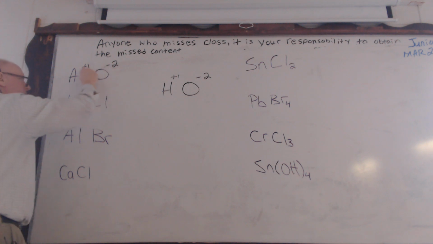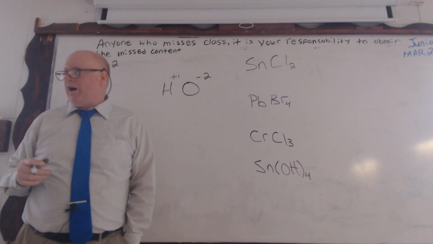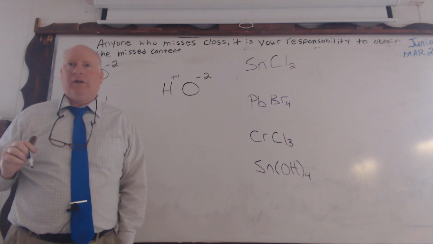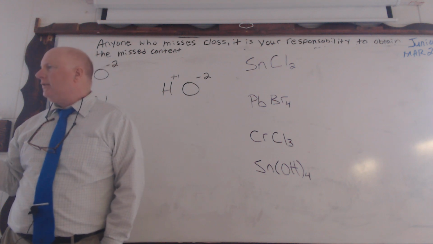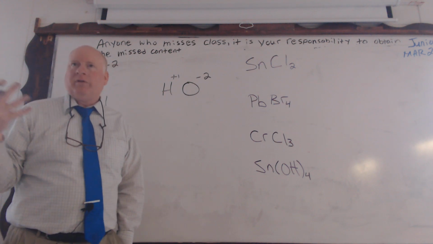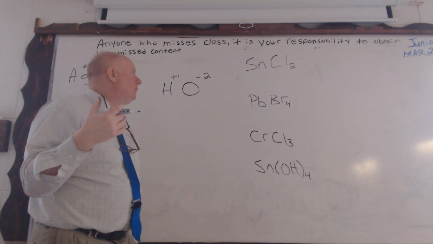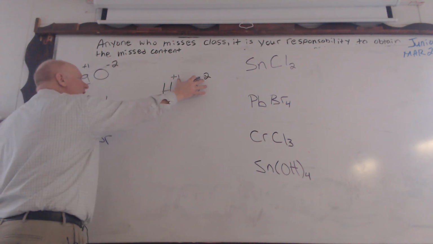They're the same here. So what do we know the formula for water is? A lot of you are going to the drinking fountain or you're washing your hands. What is the formula for all of that water? H2O. So how would we get to H2O from something like this?